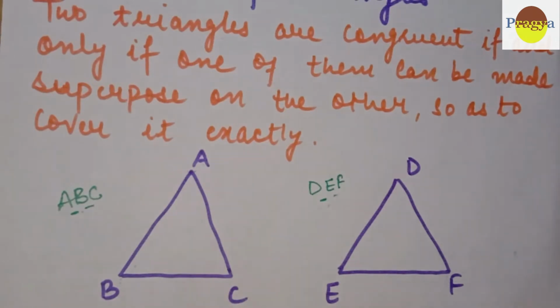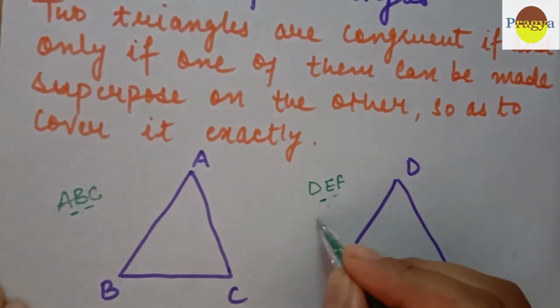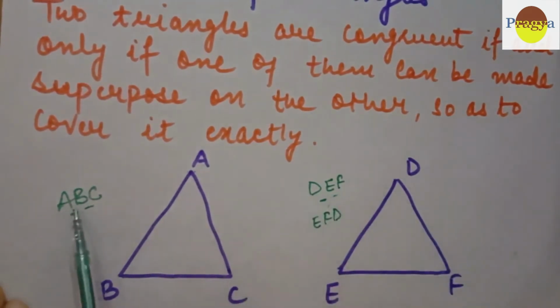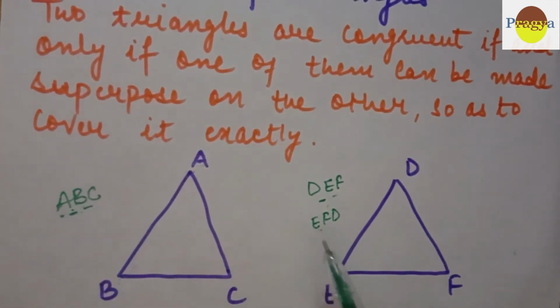If we change the name to EFD, then the first side of this triangle is AB and here we have EF. So it depends on the triangle's name, what is given and what we are going to prove. We only take corresponding parts of the triangles. In this triangle, AB corresponds to DE, AC corresponds to DF, BC corresponds to EF. So we have to put them equal to each other.